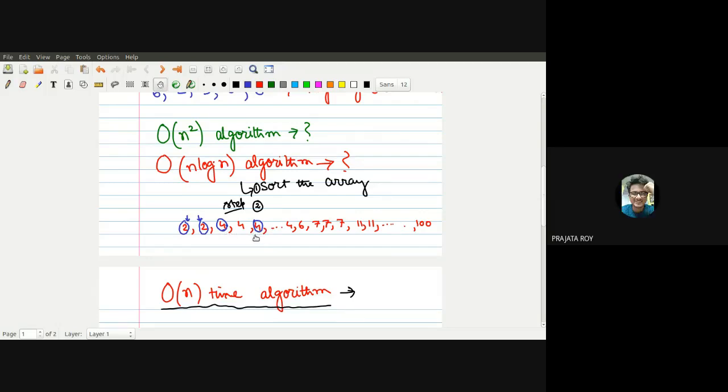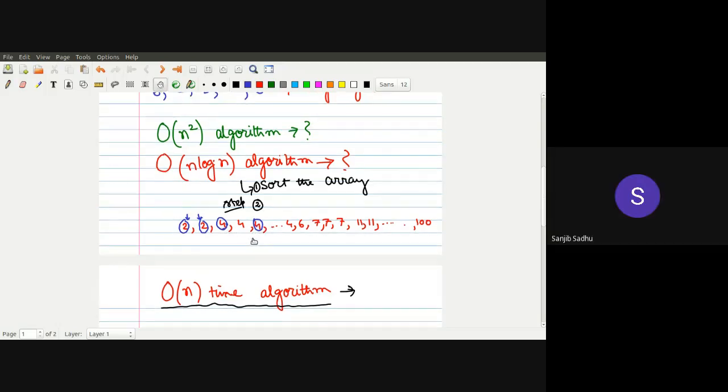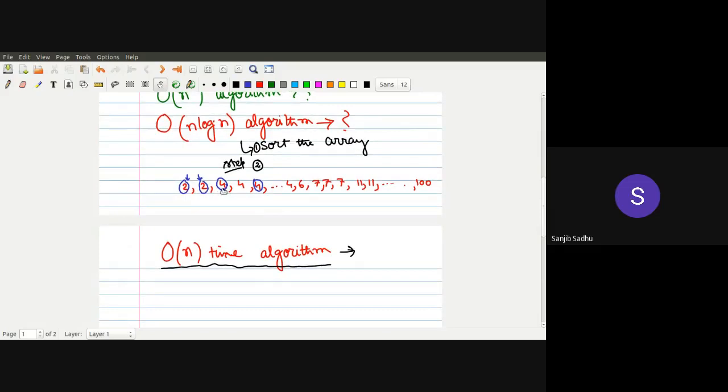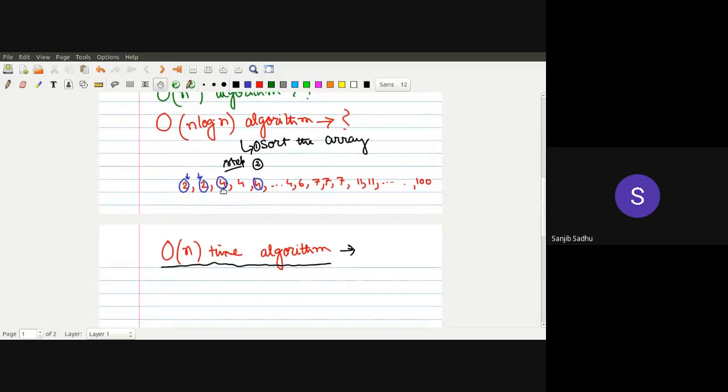In log n time you can find the location of 2. Location of 2 is here, and also here. The third element is 4, which is here, and another position of 4 is there. My objective is to find the last 4 and the first 4.